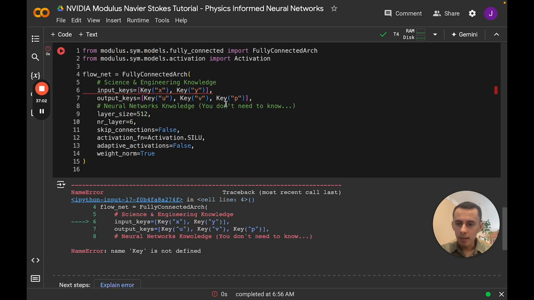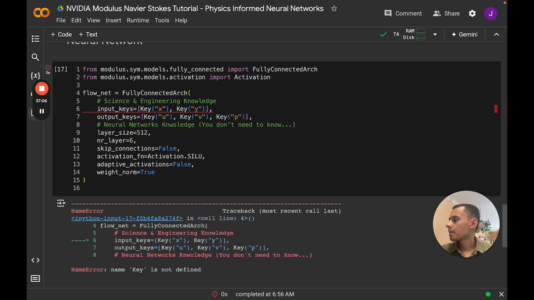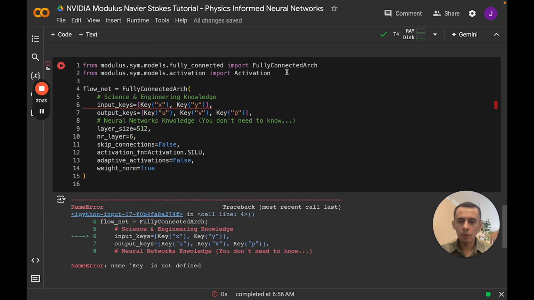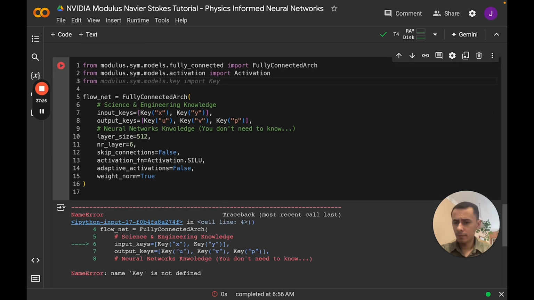Assuming I don't have any typos. Key is not defined. Oh yeah. So we need another bit here. Where is key defined? I'm looking at it. Yeah, I got it. NVIDIA. Okay. Cool. We also need from Modulus sim key import key.